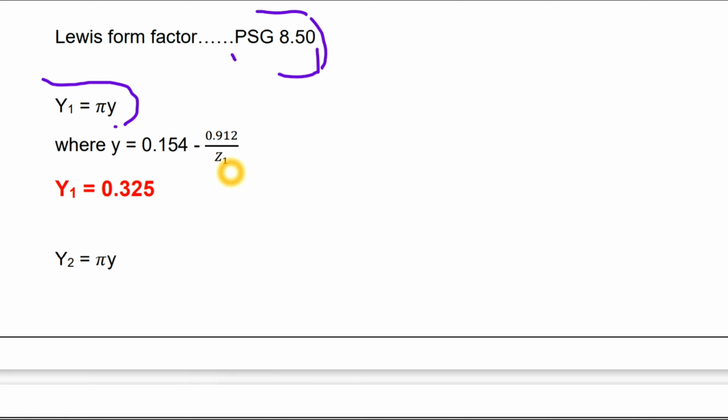There are three formulas: one is for 14.5 involute, second is for 20 degree involute, and third is for 20 degree involute stub teeth. So according to our selection we will select the second formula.